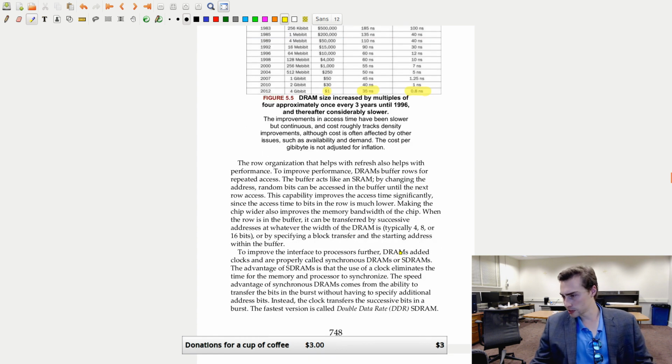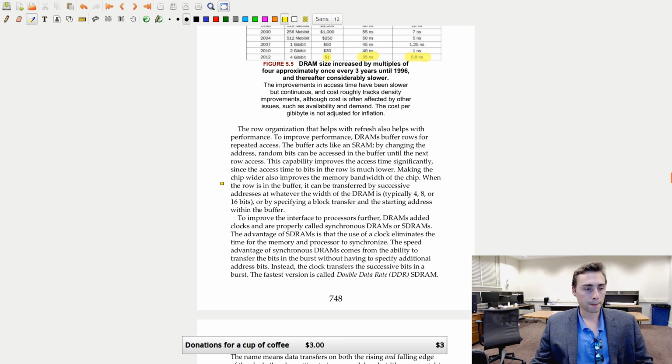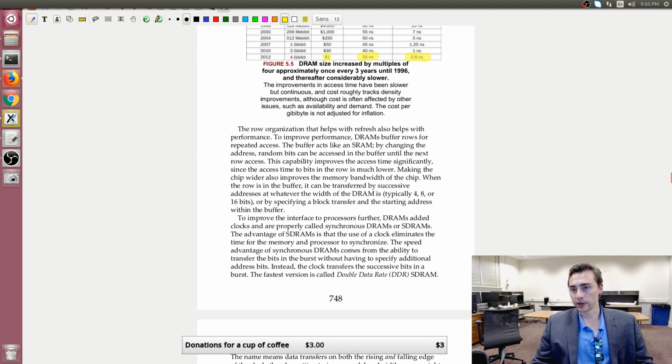Slotin, I'm sorry that it didn't show up on the donations for a cup of coffee tracker. I'm not sure why that's not updating. Oh, it's probably because the deadline for the goal went out.